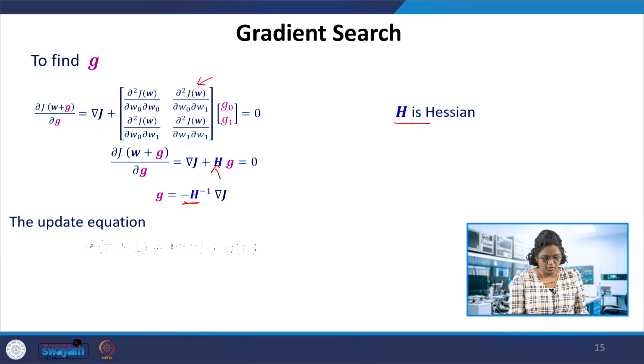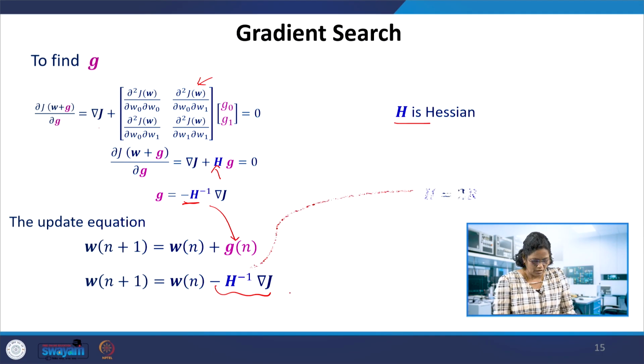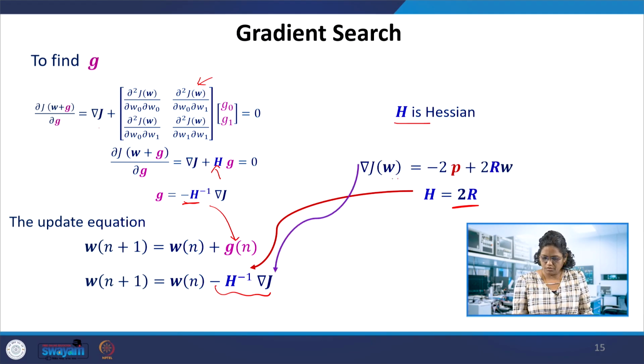Now W of n plus 1 equals W of n plus G of n. G of n is now substituted over here with minus H inverse del J. This is the Newton's equation, actually, for the gradient search. If we substitute H, that is the autocorrelation matrix R, H equal to 2R, and the del J, which we got from the Wiener, minus 2p plus 2RW.